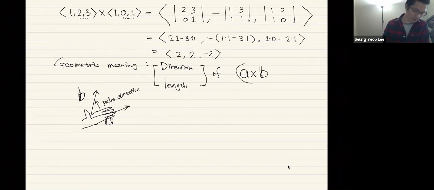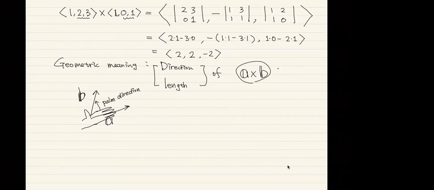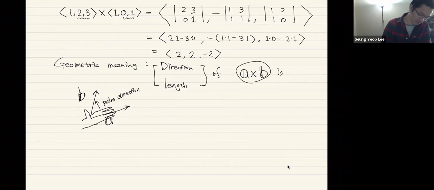Therefore, this is always perpendicular to both A and B. The direction is that of the thumb using the right hand rule.